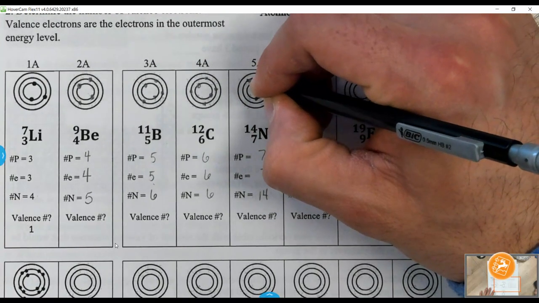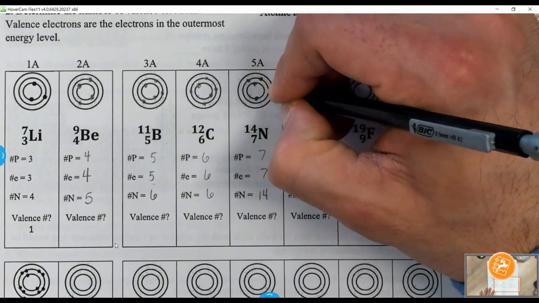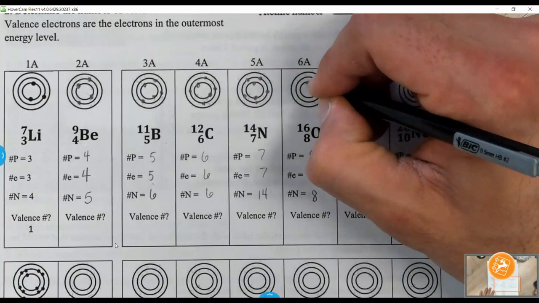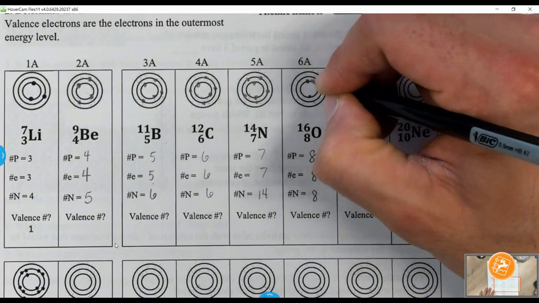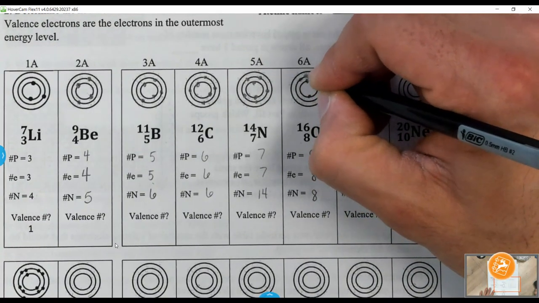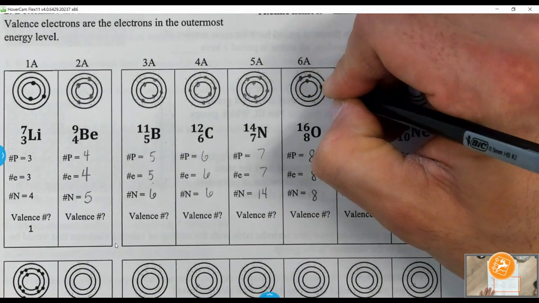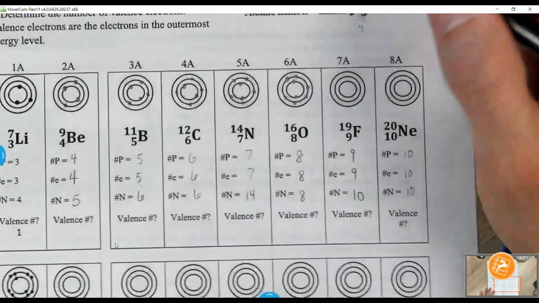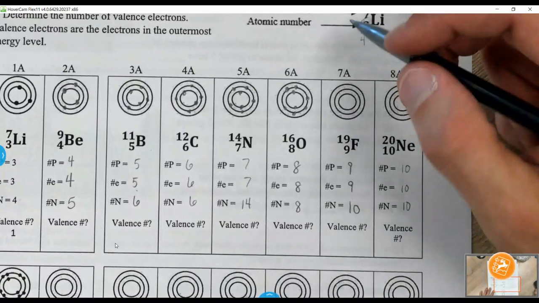Then 1, 2, 3, 4, 5, 6, 7. Next one, 1, 2, 3, 4, 5, 6, 7, and 8. Whew. The next one.